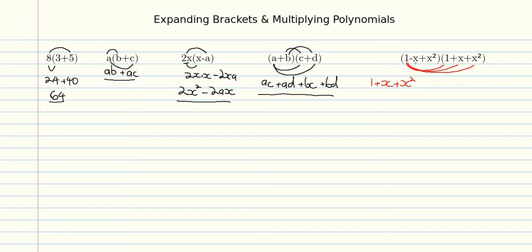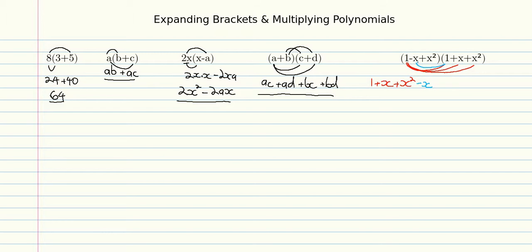Now let's look at the minus or the negative x. Okay, so let's move along. So negative x times 1 is negative x. And remember, the negative sign actually belongs to the x. A negative times a positive is a negative.